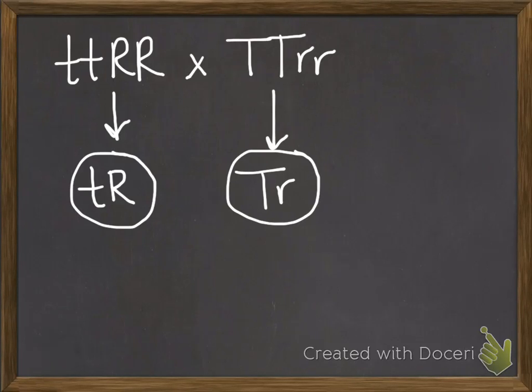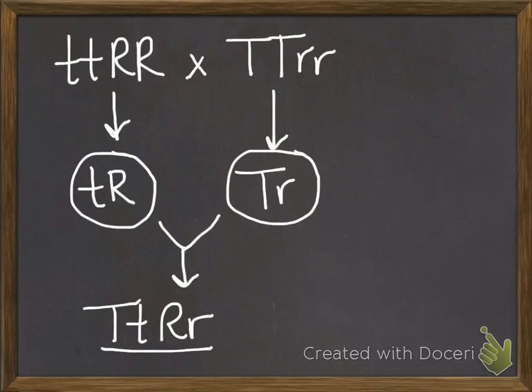And that's the only type of gamete it can make. Remember, the gamete's haploid, and it'll include one allele for every gene. So then you can consider what happens after fertilization when the two gametes combine. And that gives you that genotype. That's a tall plant with pink flowers.